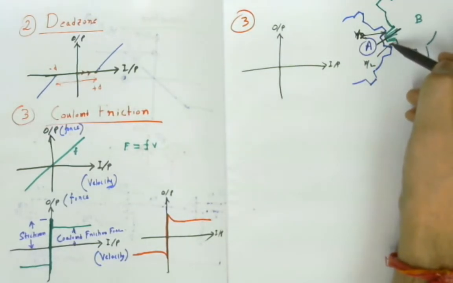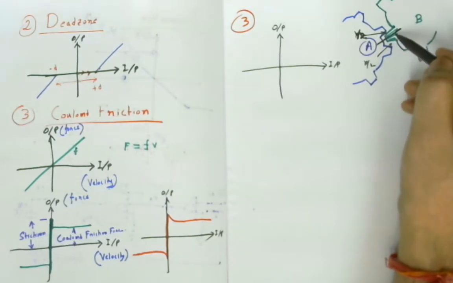Since this teeth of the B gear is exactly at the middle between the two teeth of the A gear, the distance here is also b by 2.